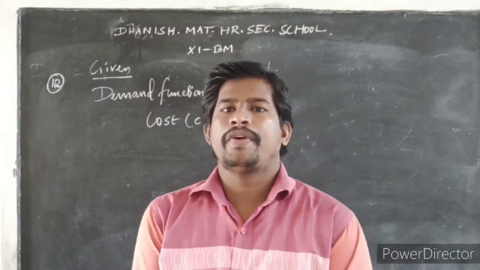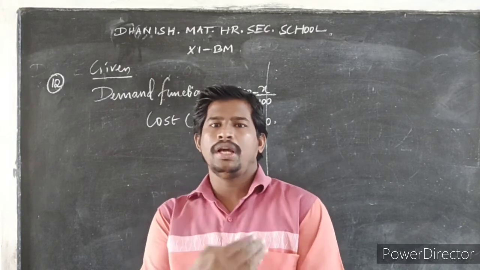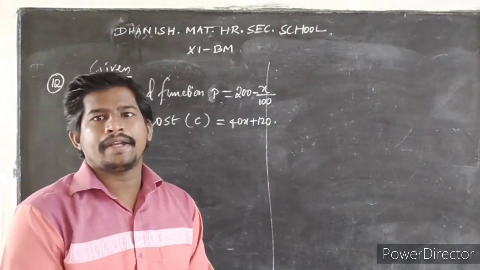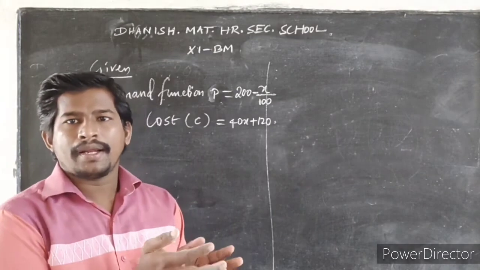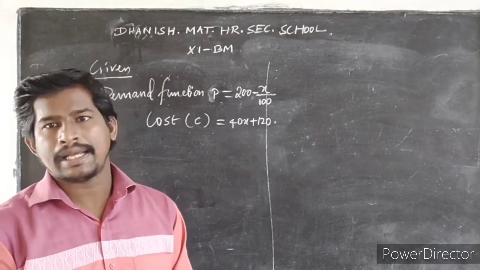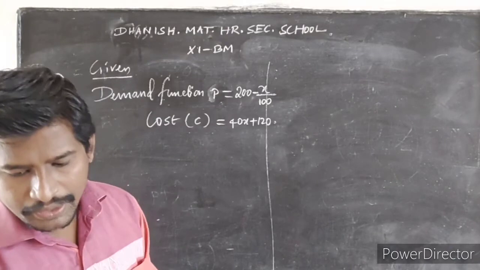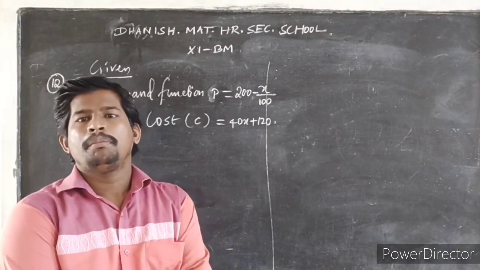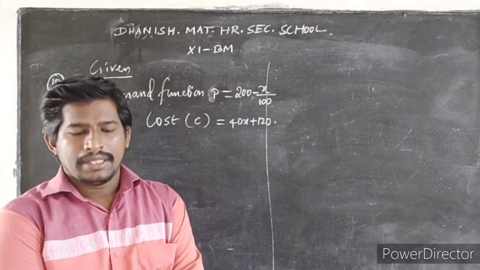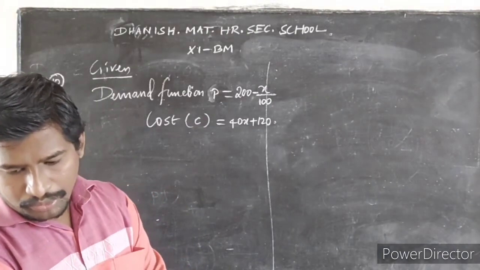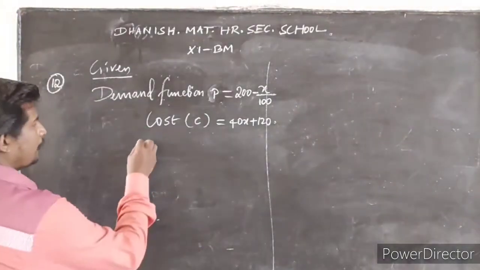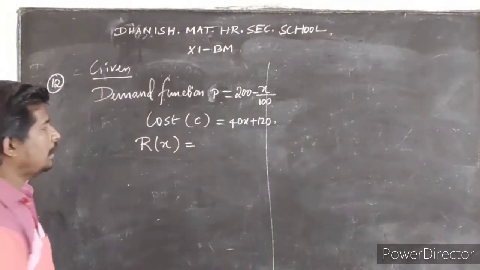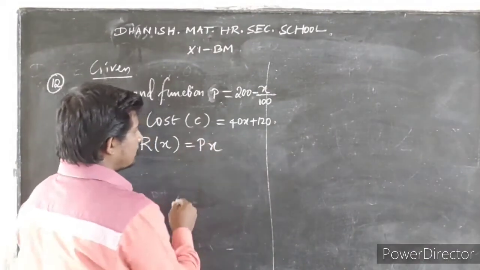If you want to find the profit, first we should know the revenue. If you know the revenue, you can easily find the profit by subtracting cost from revenue. First I am going to find the revenue function. As we know, revenue equals P into x. Revenue R of x equals P into x.